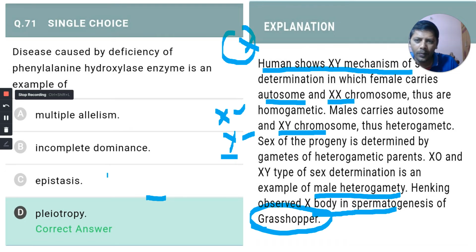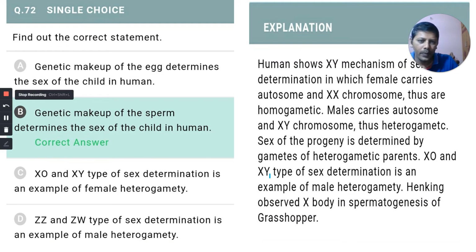Epistasis you study in botany, incomplete dominance also, and blood groups and multiple alleles of blood groups you learned. Pleiotropy: sickle cell anemia, multiple effects of a single gene. A single gene can produce multiple phenotypic effects; that is called pleiotropy.